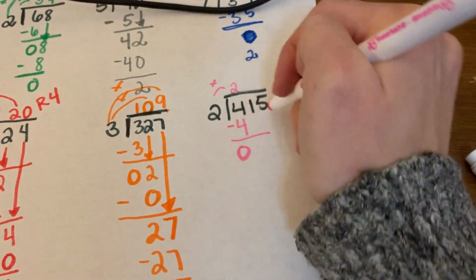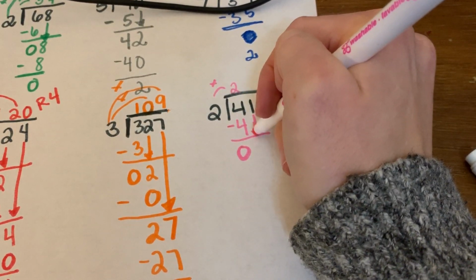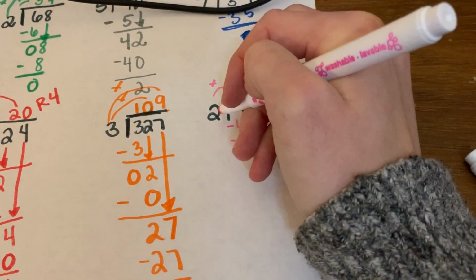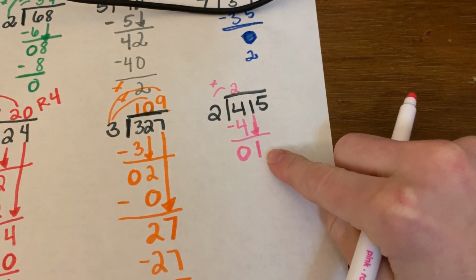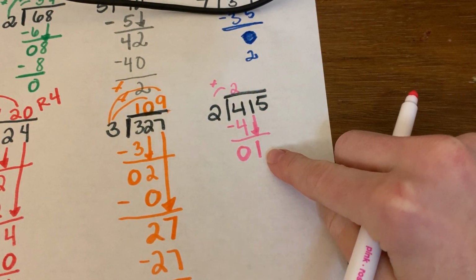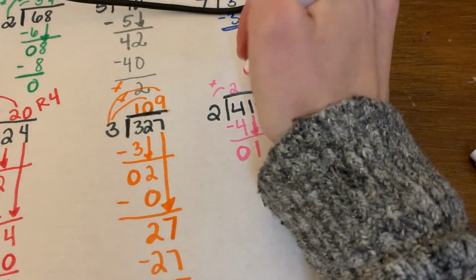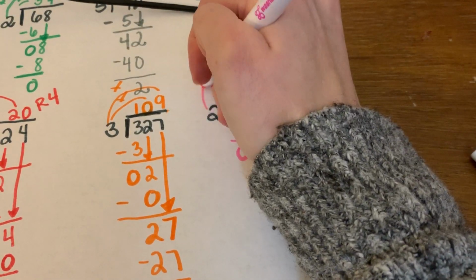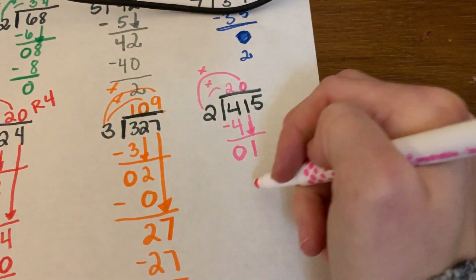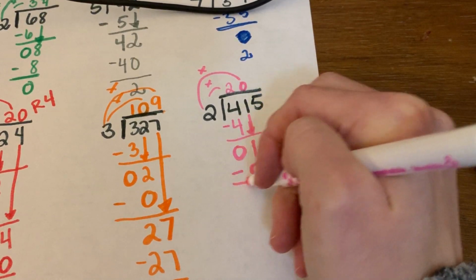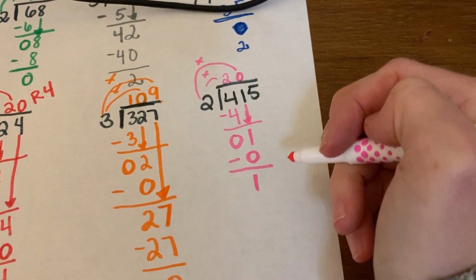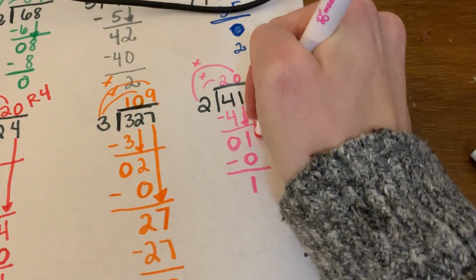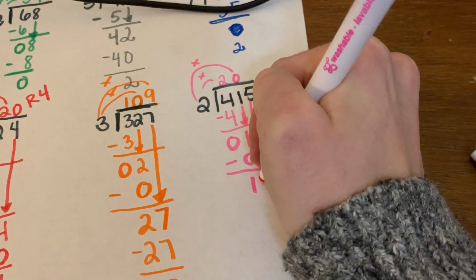Now I have 0. I'm going to bring down 1. 2 times what equals 1? Nothing. So I have to do 2 times 0. I'm going to subtract that 0. I have 1. Next, I'm going to bring down the 5.